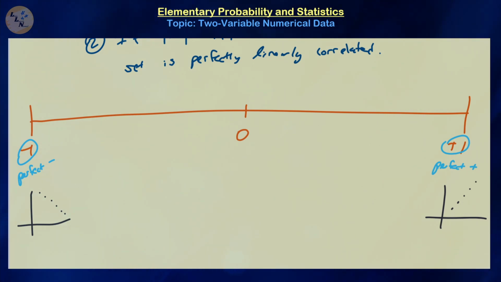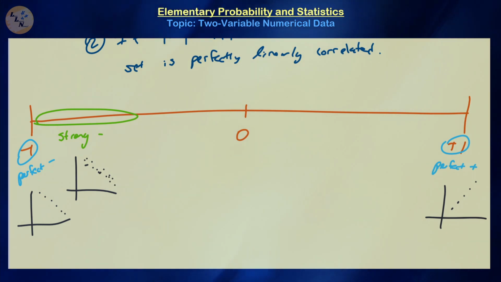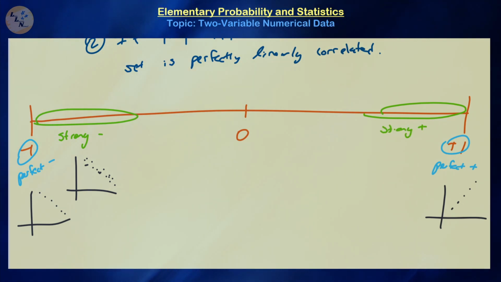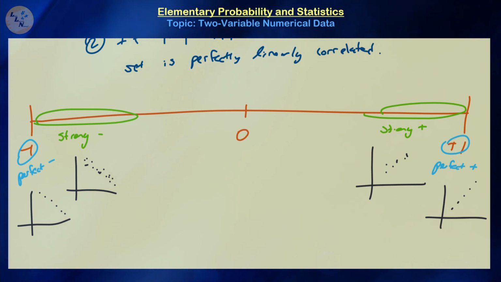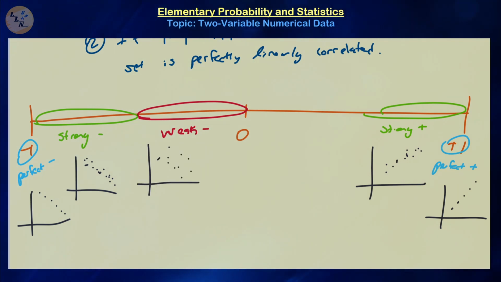And let's draw a couple categories here. This is going to correspond to a strong negative correlation. So it's pretty much like that. And similar over here, this is going to be a strong positive linear correlation, which looks similar to that. Let's draw a couple more categories to fill it out. This corresponds to a weak negative correlation, which sort of looks like that.